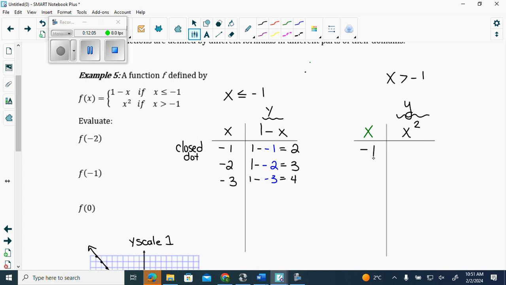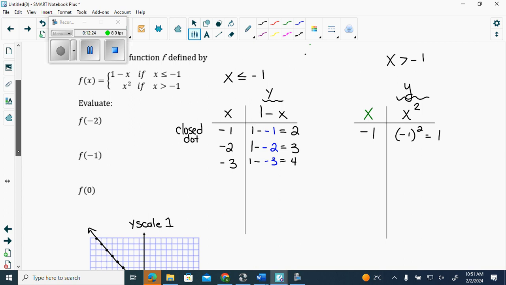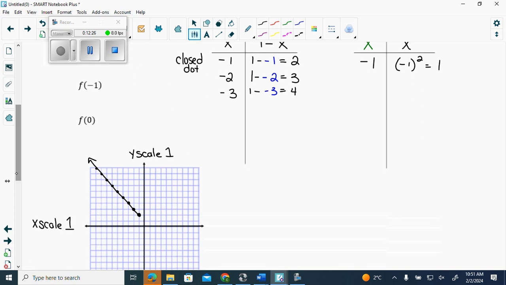So I'm still going to start at -1. However, it's going to be a what? An open dot, because it's not equal to it, correct? I still have to get that -1, because that's where the graph butts up to. So I do -1, and then I do -1 squared, which is 1, and I go there and I plot -1 and 1, but I have an open dot.